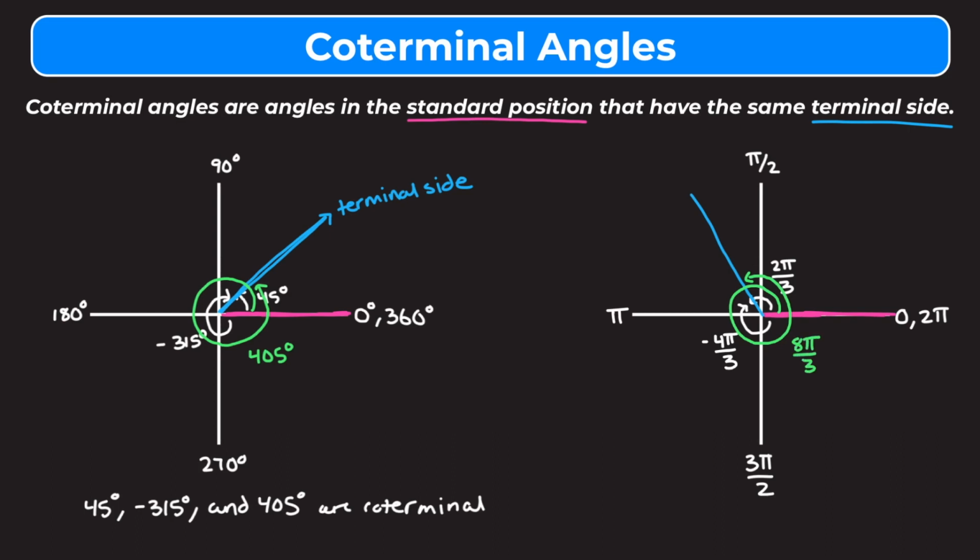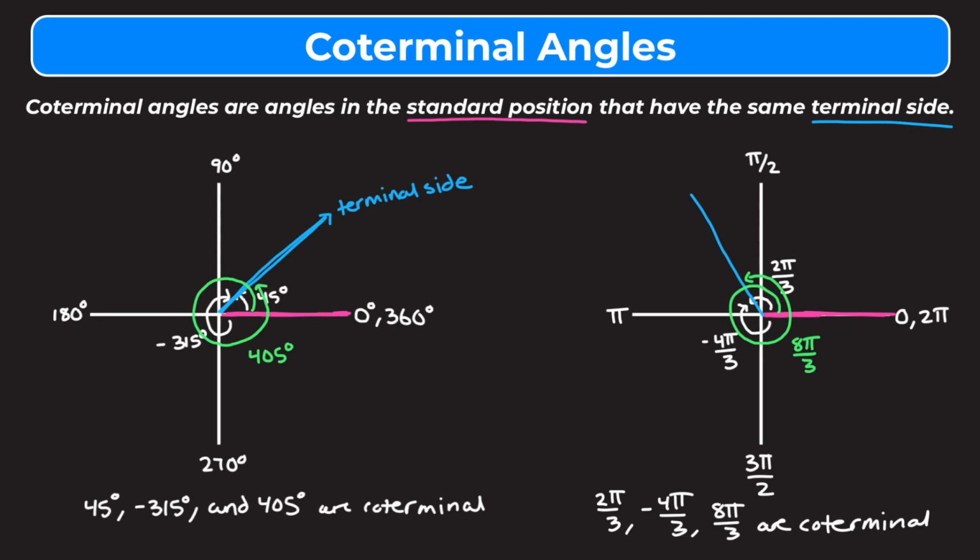And don't worry if you're having trouble understanding how I'm getting from 2 pi over 3 to 8 pi over 3 and things like that. That's what we're going to do in the next slide. So in this diagram, we've just shown that 2 pi over 3, negative 4 pi over 3, and 8 pi over 3 are coterminal angles.